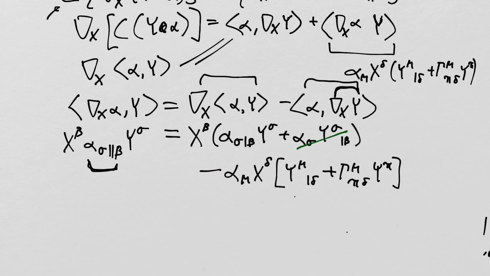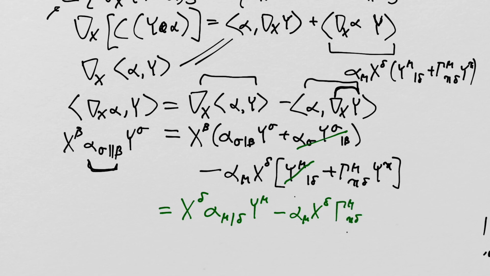So this term here cancels with this term here, and that leaves me on this side with, let's see, what did I say? I said I was going to change beta to delta, so it leaves me x^δ (∂_δ α_μ) y^μ minus α_μ x^δ Γ^μ_πδ y^π, right?